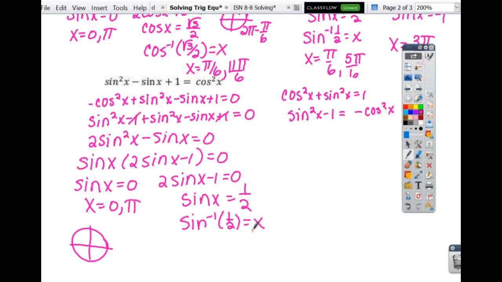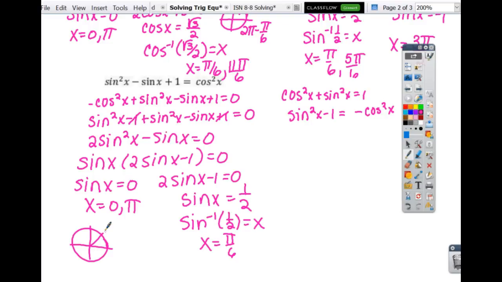I'm thinking, where is the sine a half? It's at this one, right? Pi over 6. I heard pi over 3 and pi over 6. Pi over 6. So this is pi over 6, right? Now, the sine at pi over 6 is a positive y.